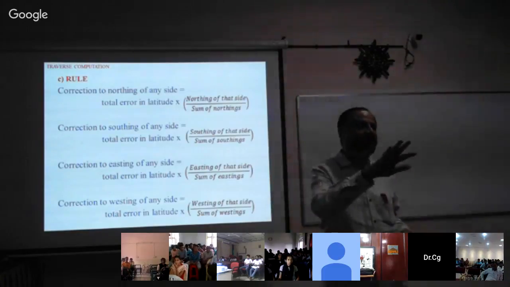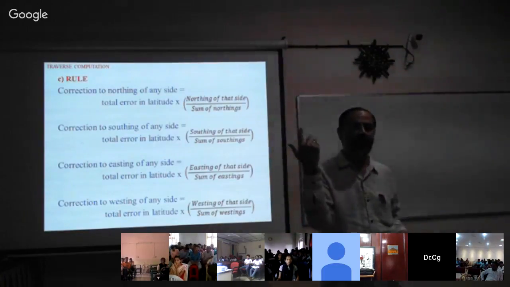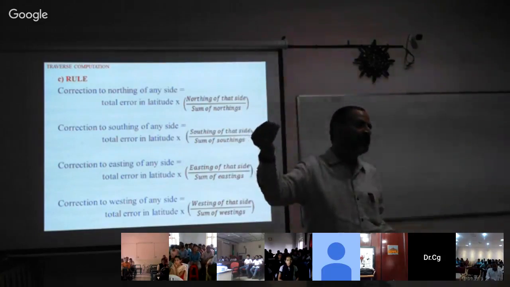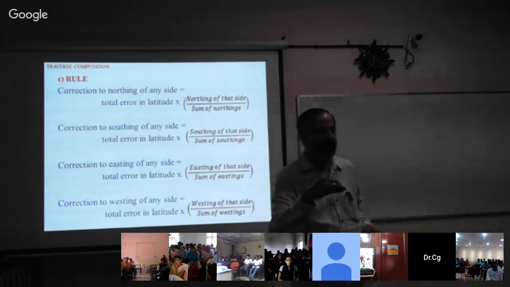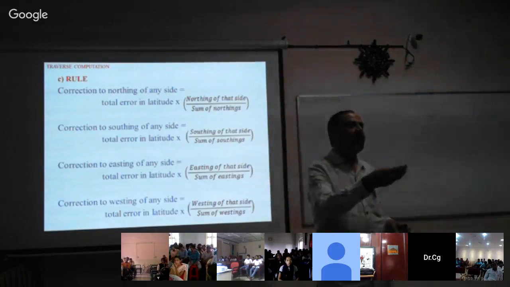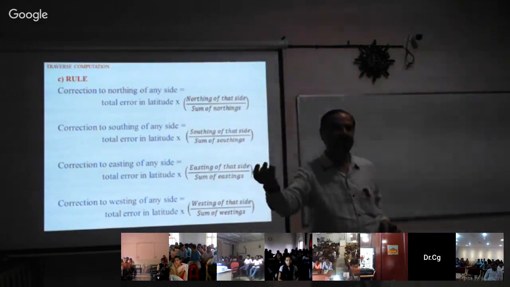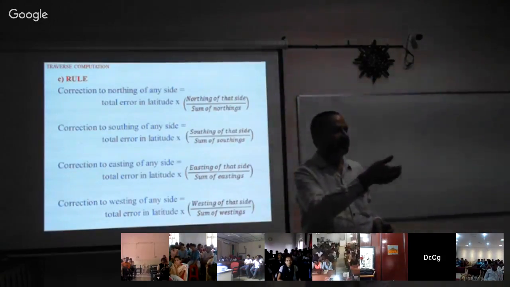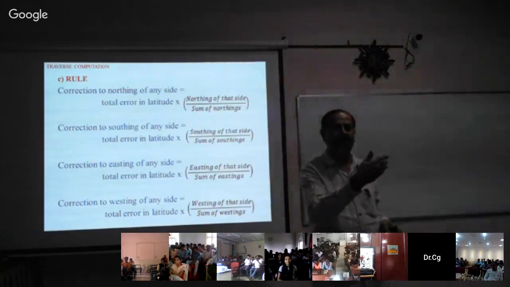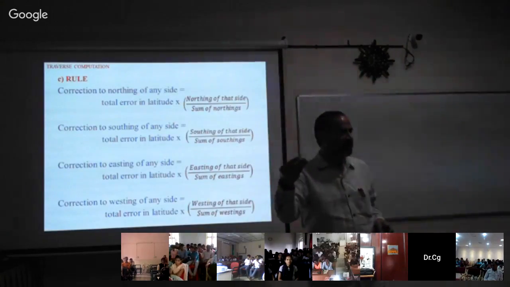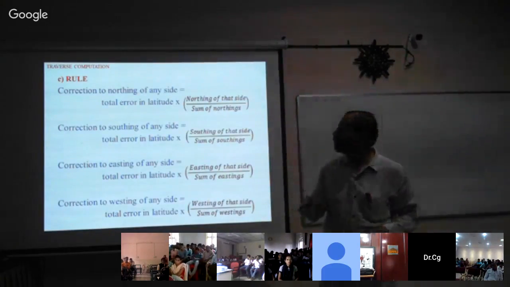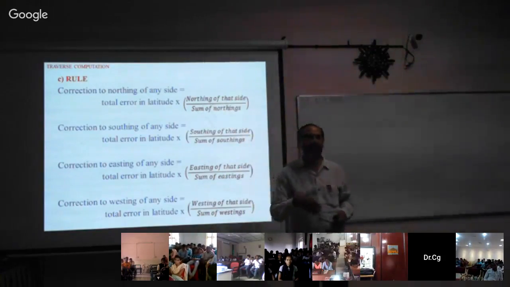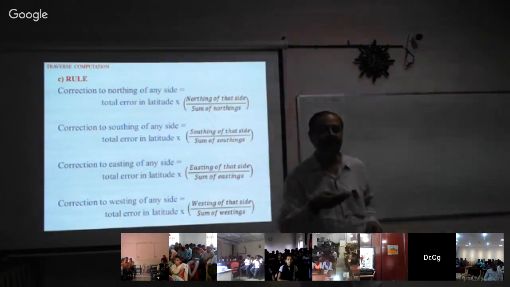There are many methods. One is Bowditch's rule, where we give a portion of the error to each line. Another is the transit rule, where we give the latitude error to some portion of the latitudes and the departure error to some portion of the departures, proportionately, depending upon their individual values. Another rule is that northing is given to the northing side and southing to the southing side.